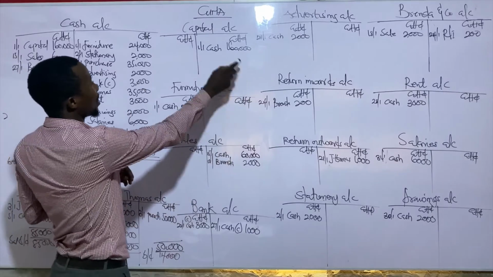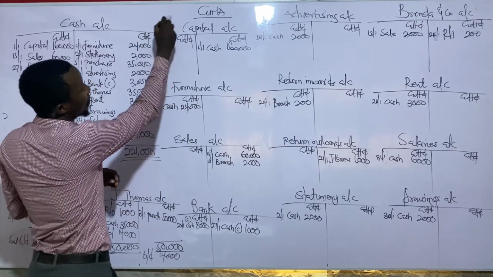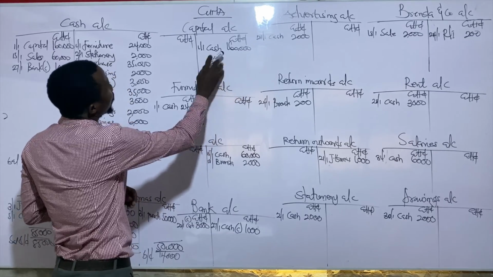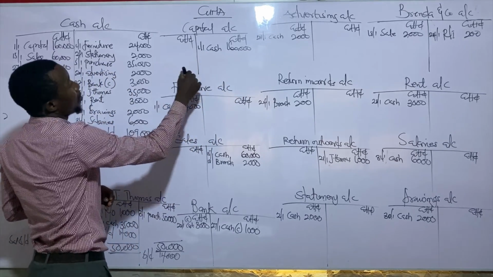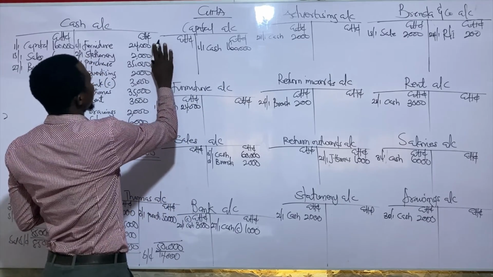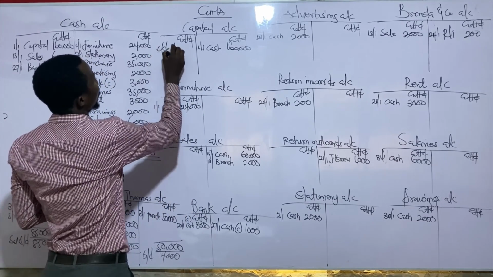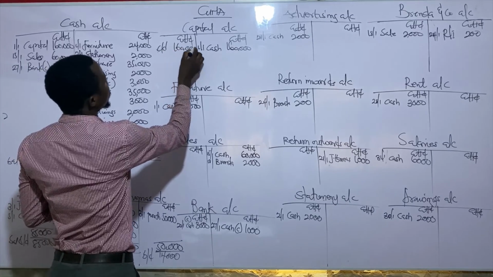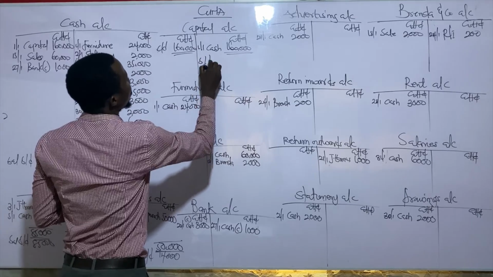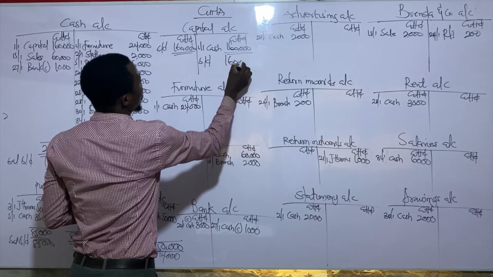So there will be a balance carried down of 160,000. We will not even balance it. You can balance it, but we can leave it this way. But let's balance the capital account. There will be a balance carried down of 160,000, then a balance brought down of the same 160,000.